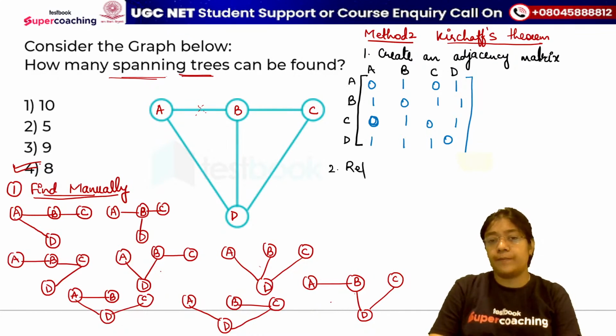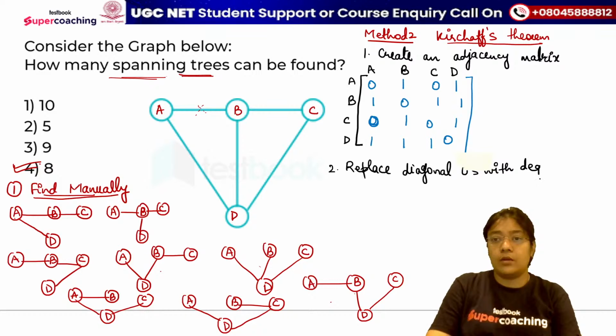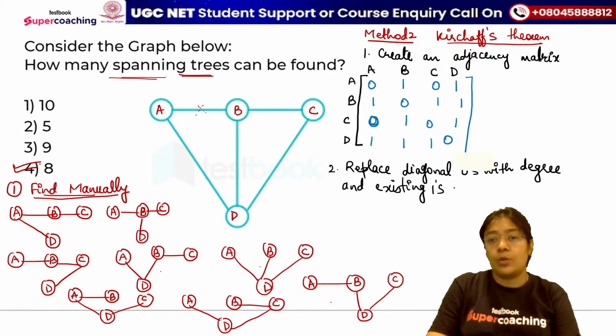Replace diagonal zeros with degree of the vertex and existing ones, जो भी आपके पास existing ones हैं, existing ones with -1.